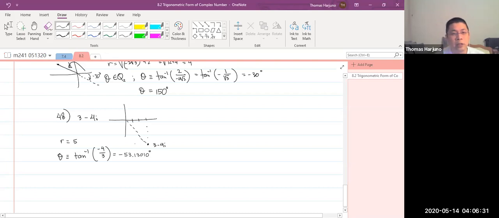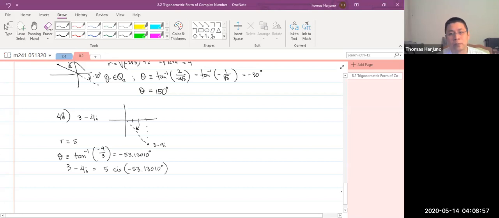And according to our picture, yes, it is in quadrant 4, right? So 3 minus 4i is equal to 5 cis negative 53.13010 degrees.